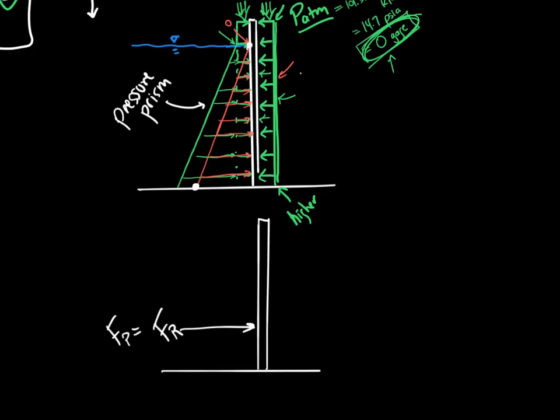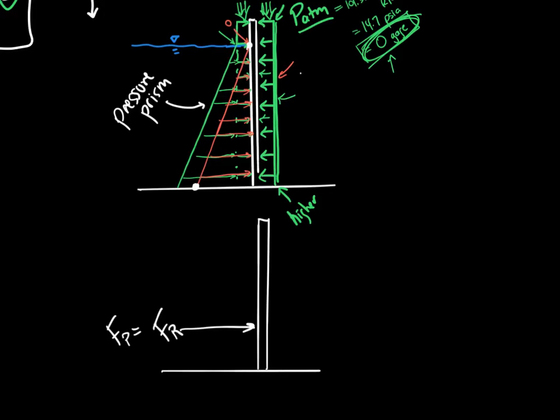So either one is fine. But anyway, we want to replace this entire pressure prism with a single force, because once I can do that, this becomes a statics problem. It's fairly easy, assuming we know statics, and that's going to make our lives a lot easier.